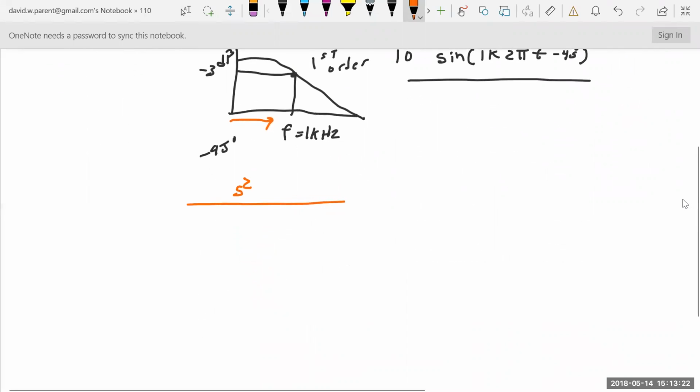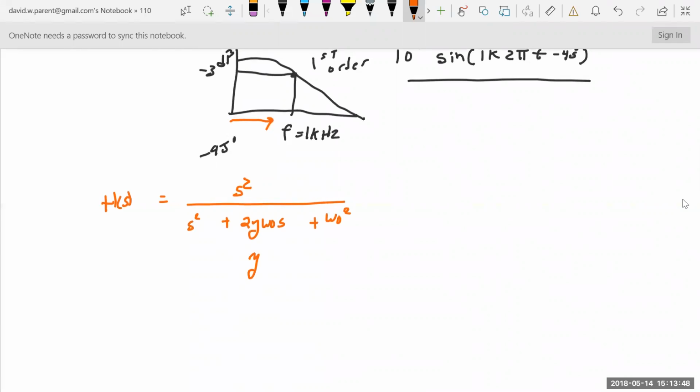I can plot our transfer function, and that's a real key thing about this class: we stay in the S domain so much that sometimes we forget what's going on in the time domain. But since we're here, we'll just write it out like this, right?